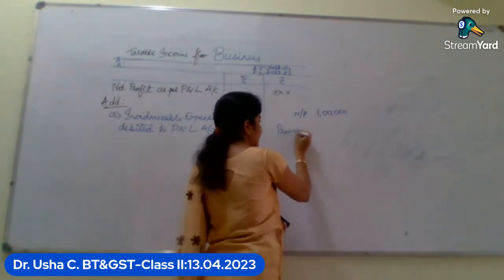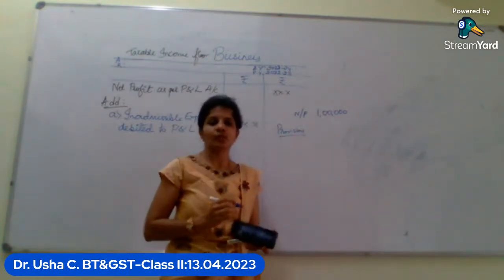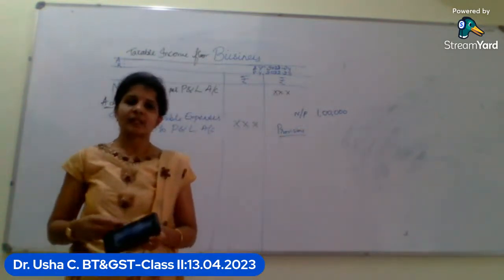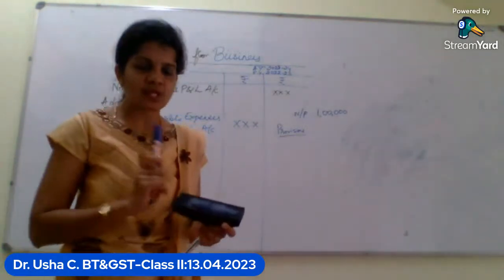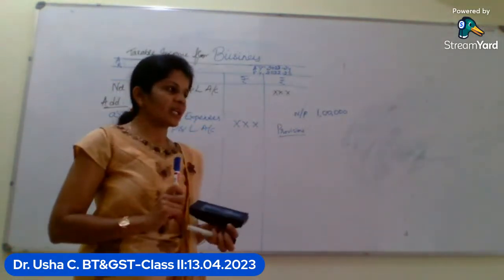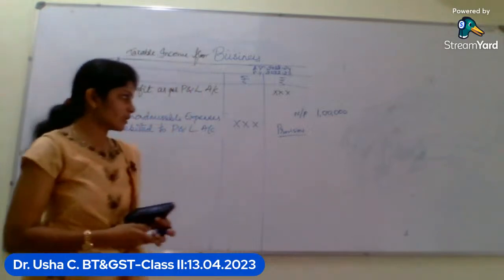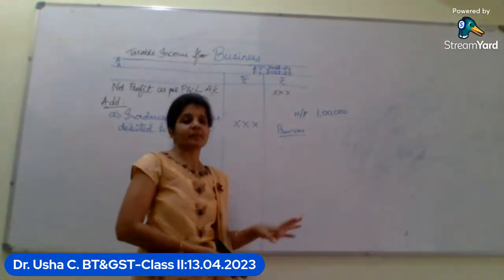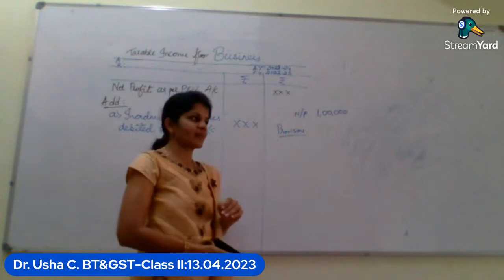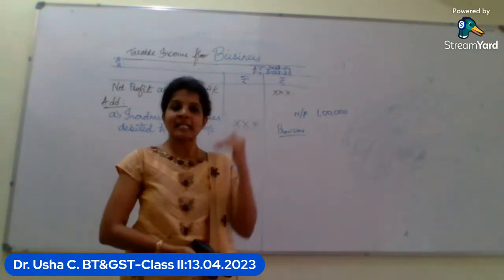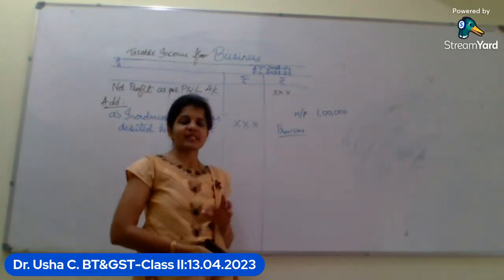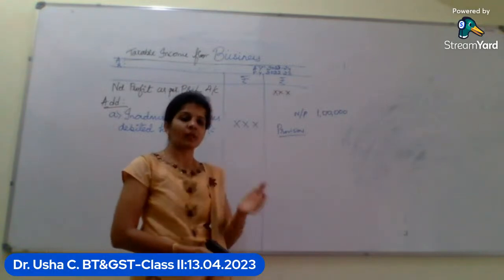There are so many inadmissible expenses. You can look into the third block of the study material, where it is listed what are all the admissible expenditure and what are all the inadmissible expenditure. So many admissible and inadmissible expenses are listed. You can go through that.